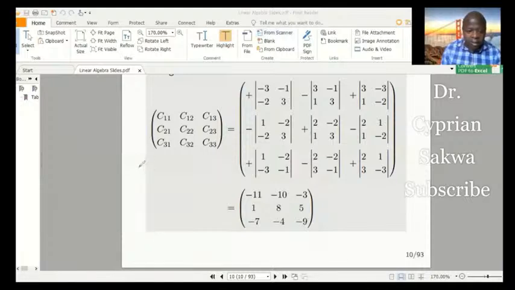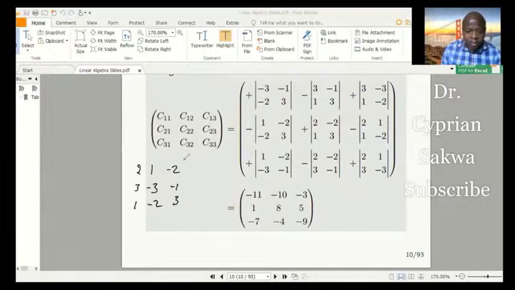The matrix we were given was 2, 1, -2, and 3, -3, -1, and then 1, -2, 3.